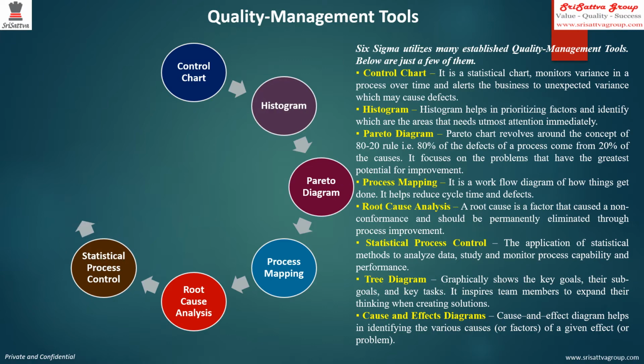The application of statistical methods to analyze data, study and monitor process capability and performance. Tree diagram. Graphically shows the key goals, their sub-goals, and key tasks. A tree diagram inspires team members to expand their thinking when creating solutions.